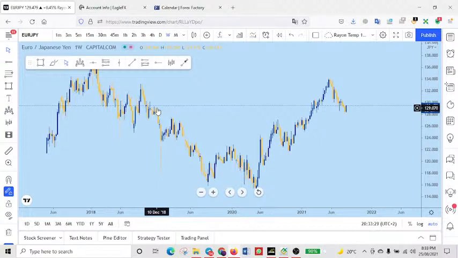Because we all know that price repeats itself. So if price dropped from here once, there is a possibility that price can also drop from here down. If it dropped from here before, there's a possibility that when price gets to that level, it's going to drop. That is why we always look left before we trade.